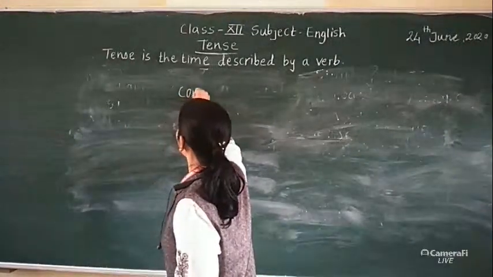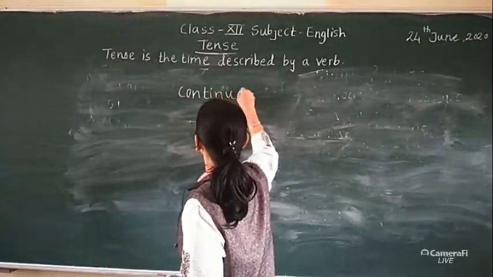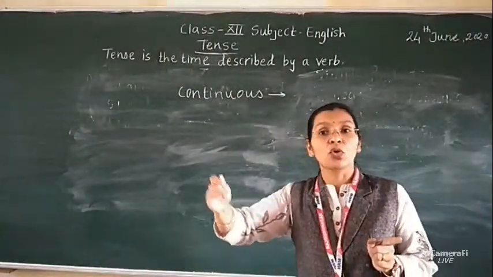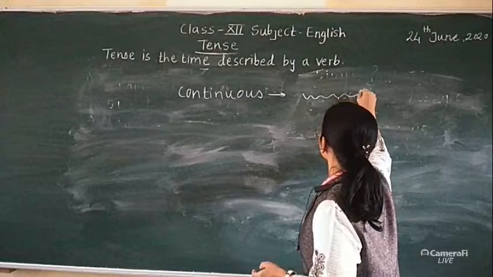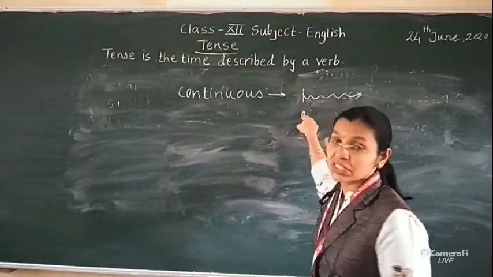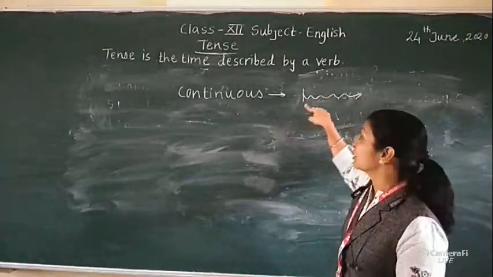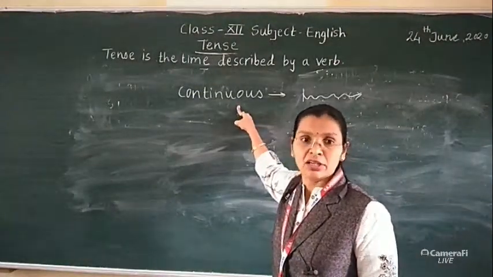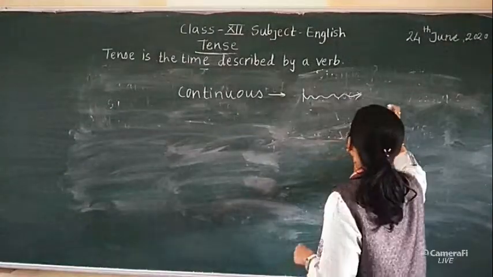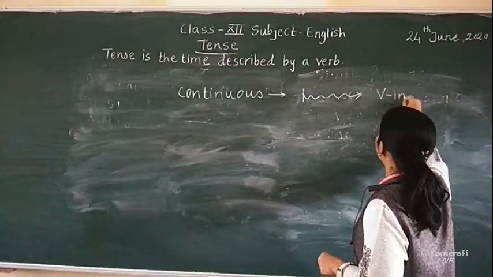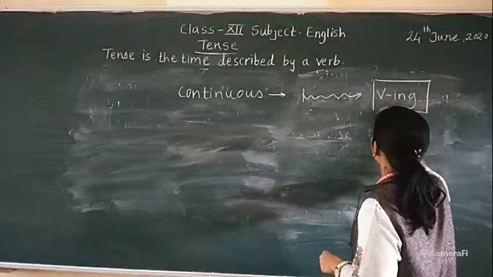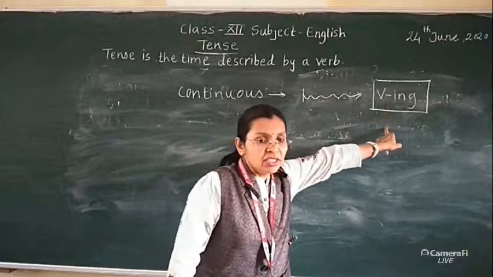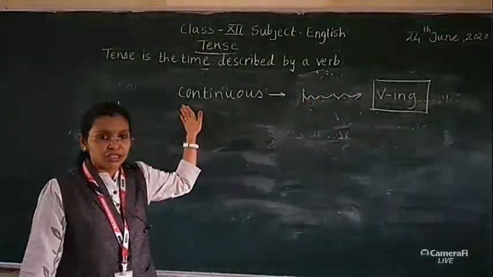Continuous, that means your action is going on. So here we start our action, and when the same action is going on, that time we use the continuous tense. Okay, and for the continuous we use verb plus ing. What do we use? Verb plus ing. So remember that, students. If there is a verb plus ing, that means this sentence is in continuous tense.